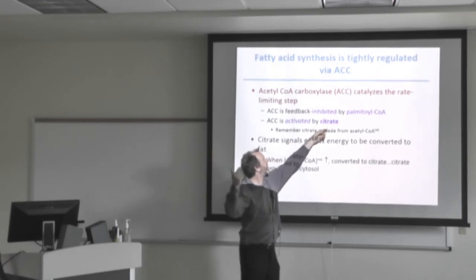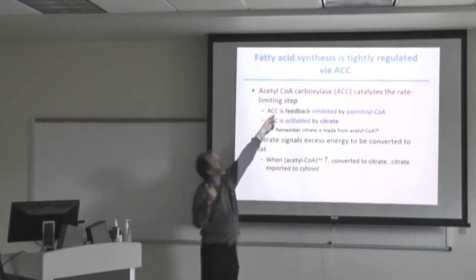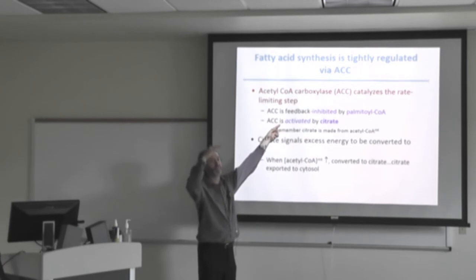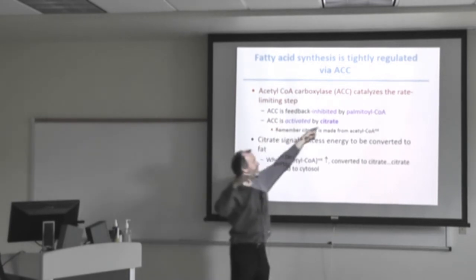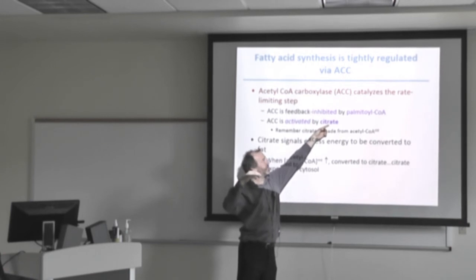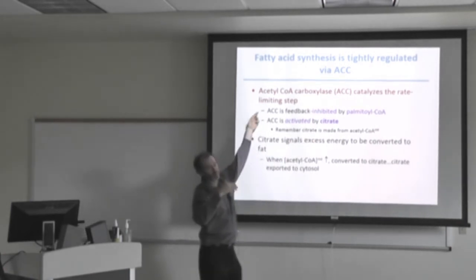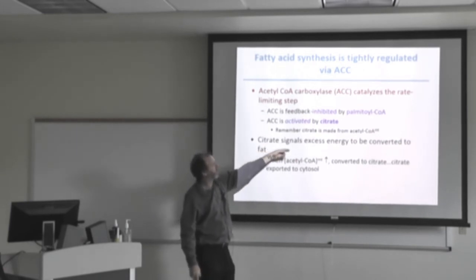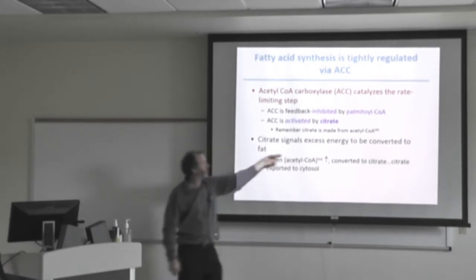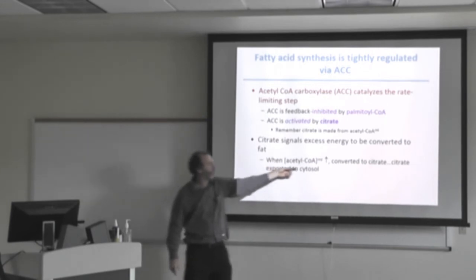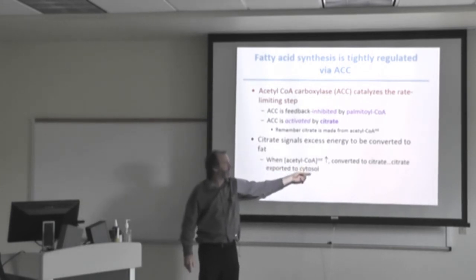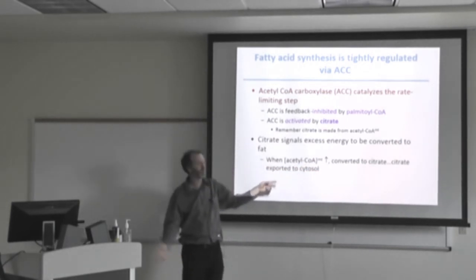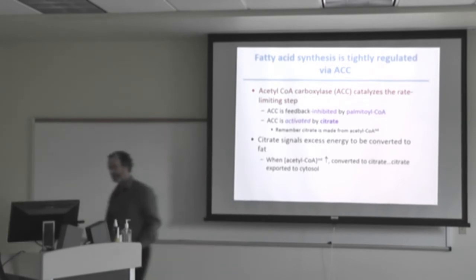That citrate in the cytosol will activate acetyl-CoA carboxylase, thus activating fatty acid synthesis. And so the acetyl-CoA that was used to make citrate can then be used to store that energy again as fat. Citrate signals excess energy to be converted to fat. When acetyl-CoA in the mitochondria is high, it's converted to citrate. Citrate's exported to the cytosol again.